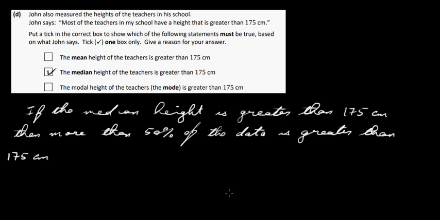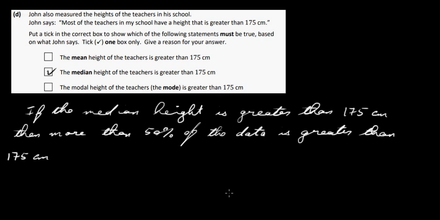because what the median means is that 50% of the data is above that particular value and 50% is below that particular value. So if the median value is greater than 175 centimeters, that means you'll have 50% above that value, and you'll have some values below the median but still greater than 175 centimeters.